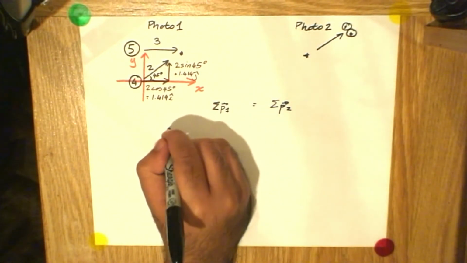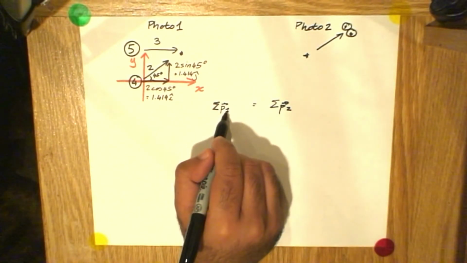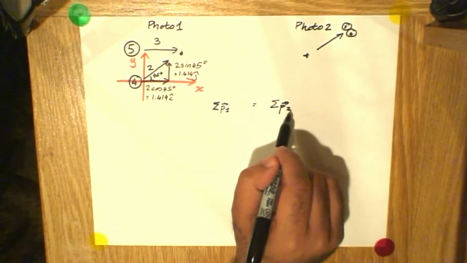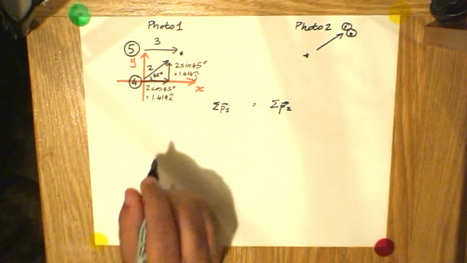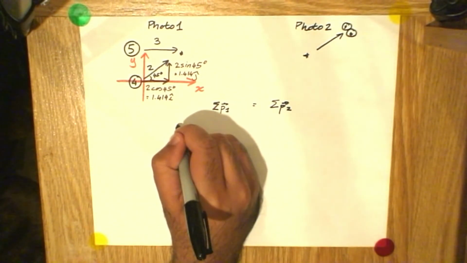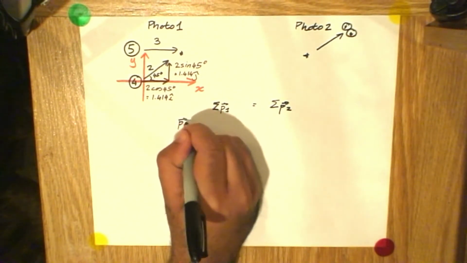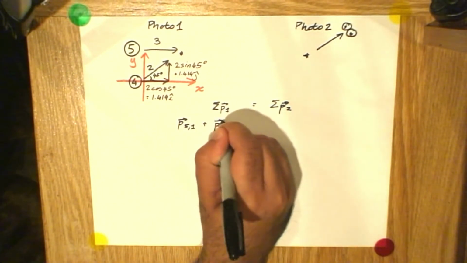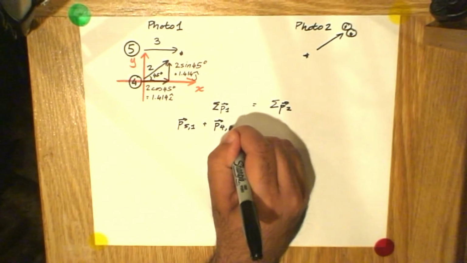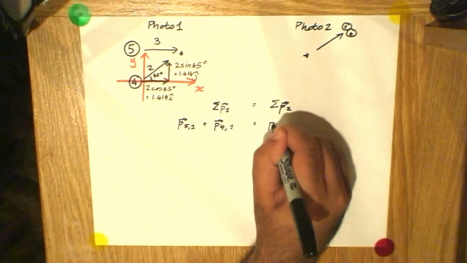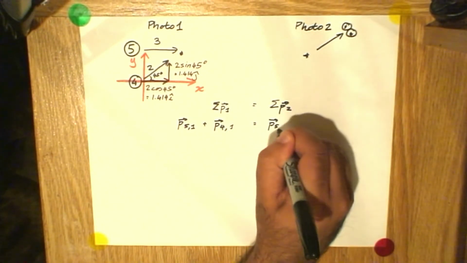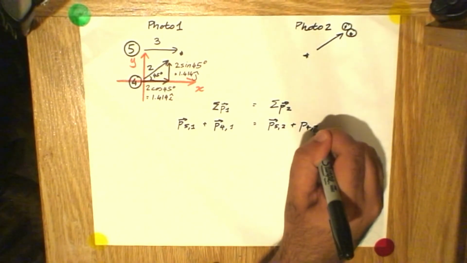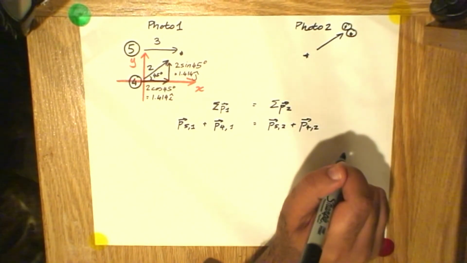P1 is the total momentum in photo 1. P2 is the total momentum in photo 2. So P1 would be the momentum of the 5 kilogram object in photo 1 plus the momentum of the 4 kilogram object in photo 1, which is equal to the momentum of the 5 kilogram object in photo 2 plus the momentum of the 4 kilogram object in photo 2.